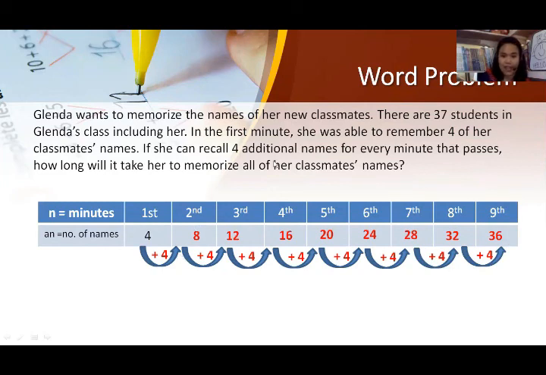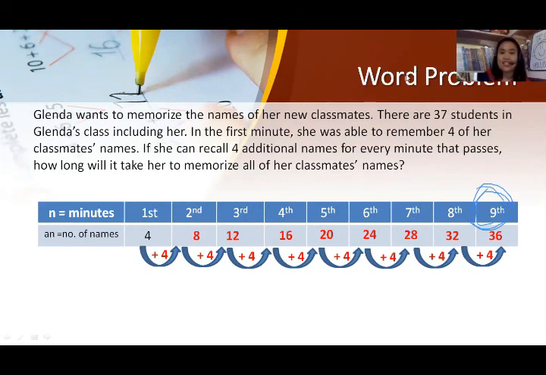Kasi yun yung sabi niya, every minute. So, we're just adding 4 on the number sequence. So, it follows a pattern now. Bago natin ma-reach yung 36, it will take Glenda now 9 minutes to memorize all the names of her classmates.